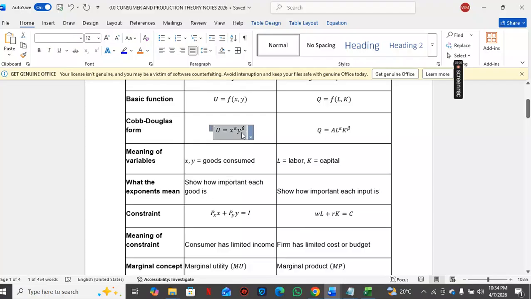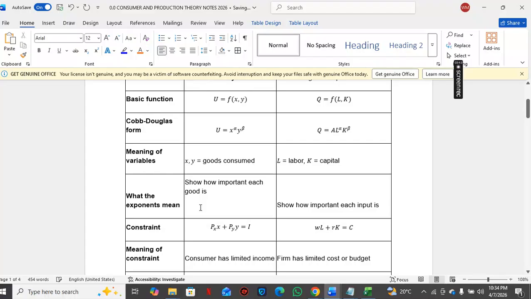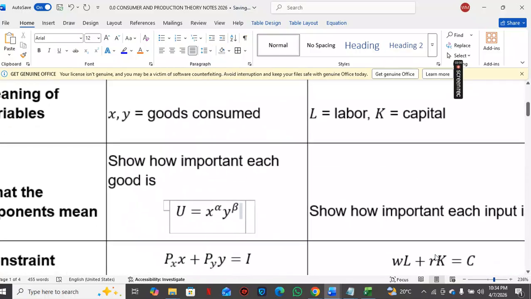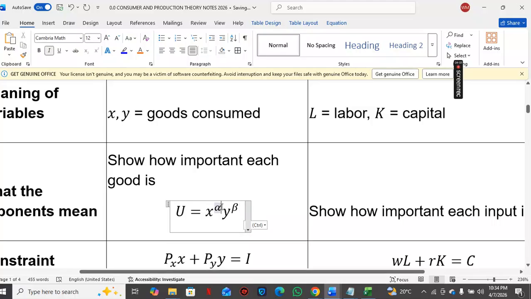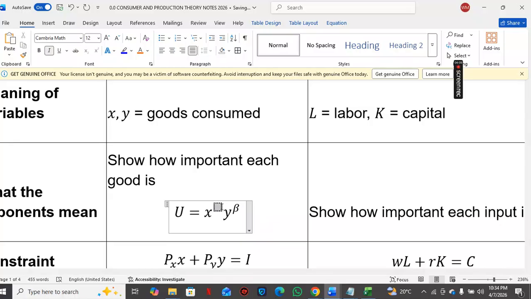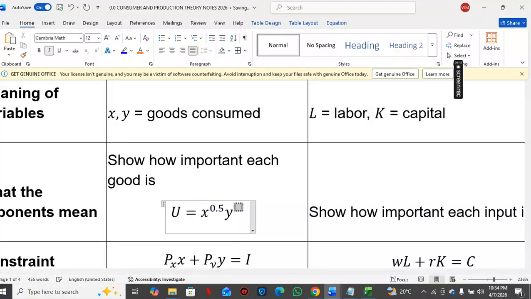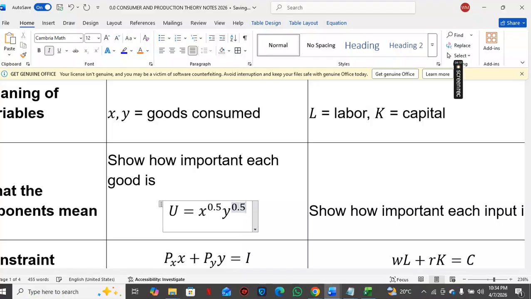For example, if this is x to the power 0.5 and y to the power 0.5, it means both good x and good y are of equal importance to you. We'll take the total importance as 1, which is 100%, so this is like 50%, 50%.